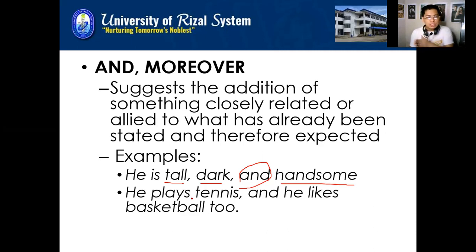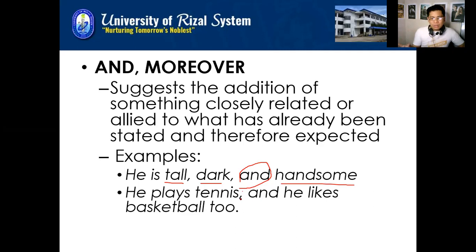However, if you'll be using "moreover", we should put a semicolon before it if you are joining two clauses. For example, he plays tennis, semicolon, moreover, comma, he likes basketball too.